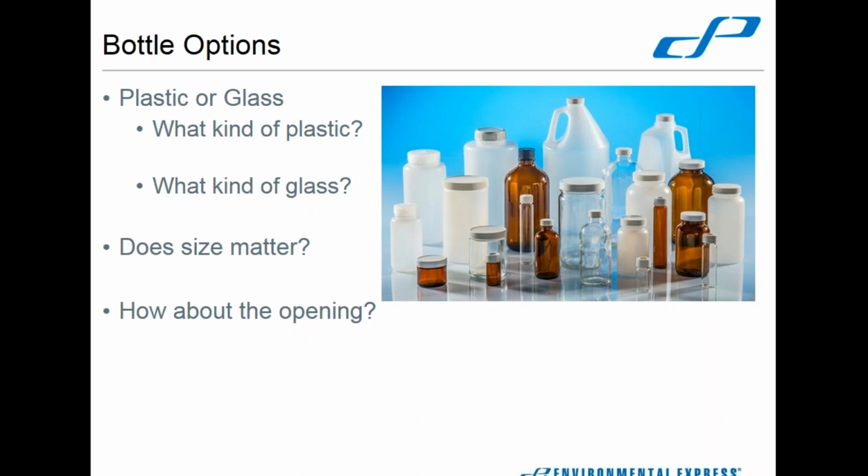And then there are a few of them that are specific on the type of plastic that you have to use. Generally speaking, polyethylene is your most commonly used bottle type, and that's overall a good choice to use. Some samples, however, need to be a fluoropolymer, PTFE for example, or at a minimum have a PTFE lined cap.